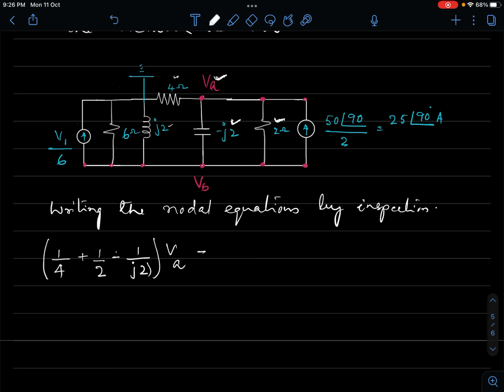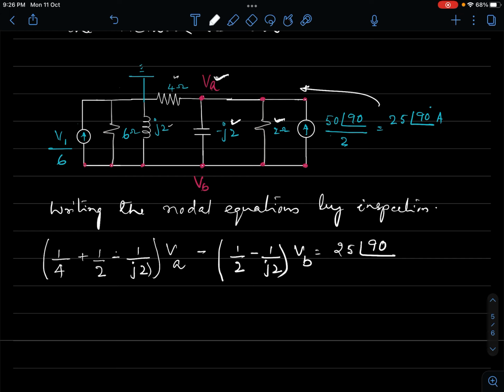So I'll open a bracket: 1 by 2 minus 1 by J2, into VB, equal to the sum of the currents entering that respective node. We are writing the equation for VA, so the current that enters the node is 25 at an angle of 90.